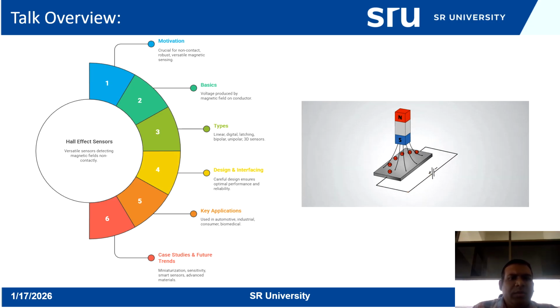Now, motivation for magnetic sensing. In today's world, modern electronic systems require precise, reliable, and contactless sensing. The concept of magnetic sensing, especially using Hall effect sensors, works even in harsh environments where optical or mechanical sensors fail, for example, with dust, oil, vibration, and moisture.